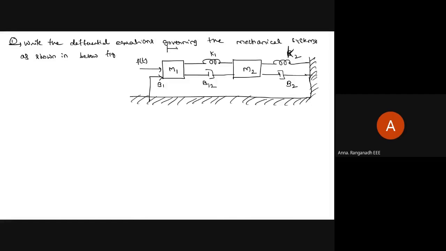Here its displacement is x1 and its velocity is v1. Here displacement is x2, velocity is v2. After that, draw the force voltage and force current analogous circuits.